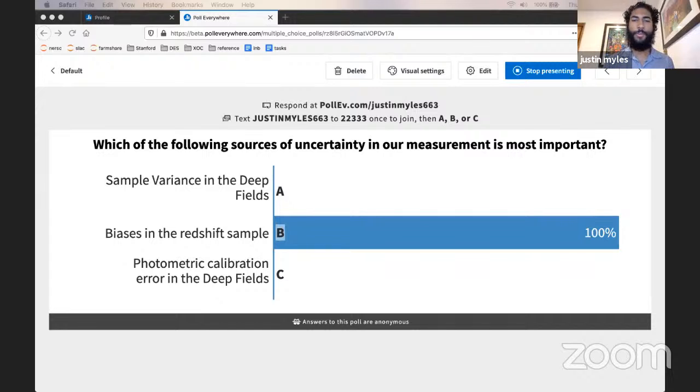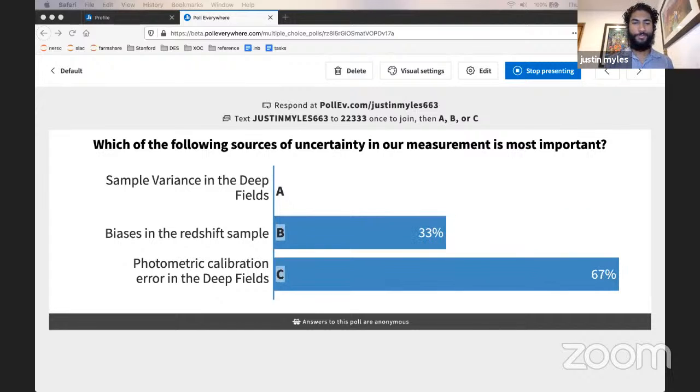Wait just a minute or so more. So some people think it's the redshifts, some people think it's deep field calibration. Okay, more people think that it's deep field calibration than the redshifts. Interesting. Okay, this is interesting to see.